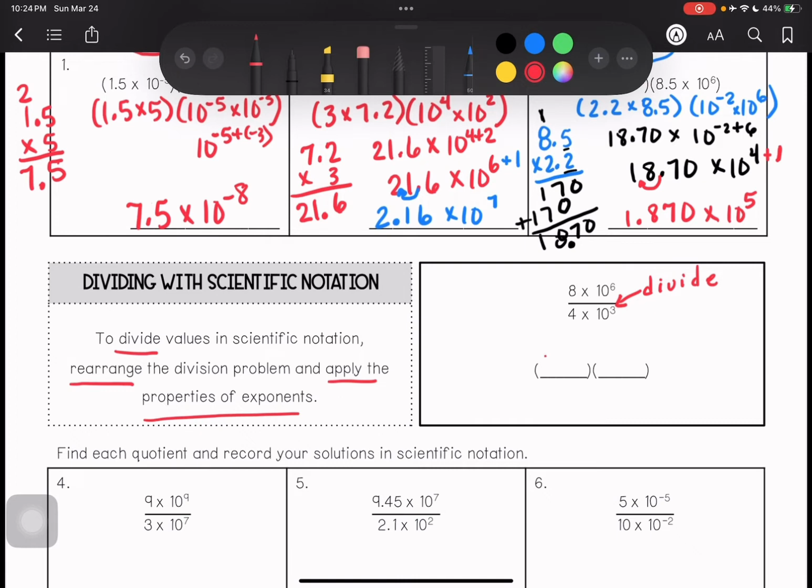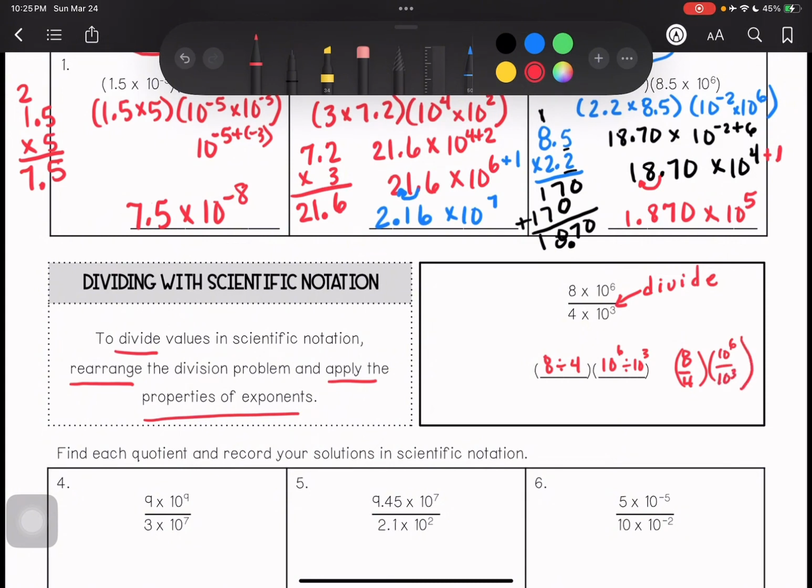So we want to treat both of these as division problems. We have 8 divided by 4, and then 10 to the 6th power divided by 10 to the 3rd power. You can also write those as 2 fractions. So you can write that also as 8 divided by 4 times 10 to the 6th divided by 10 cubed.